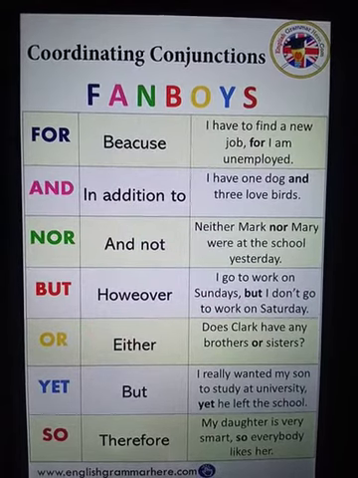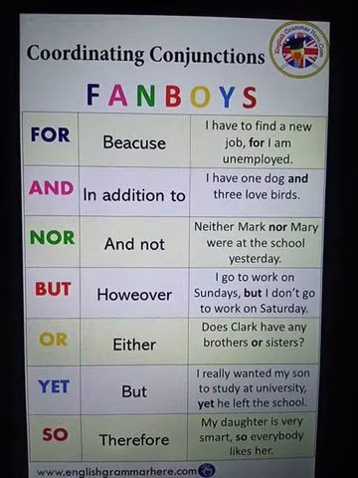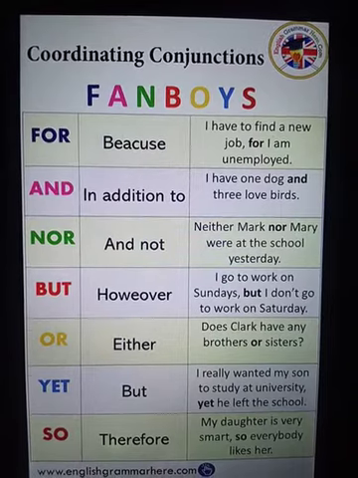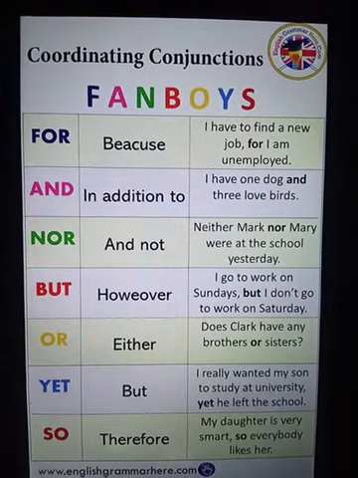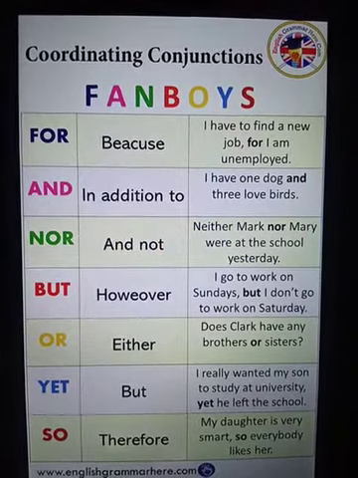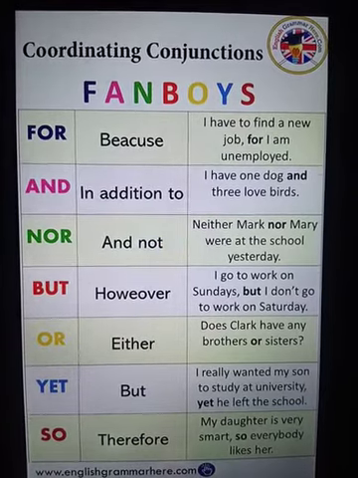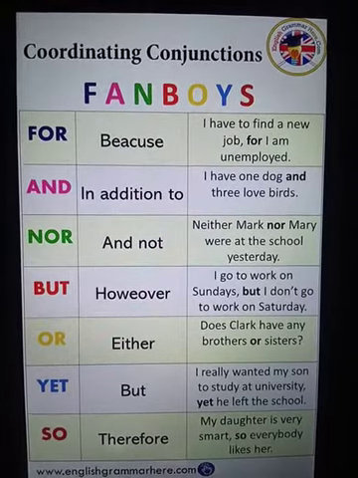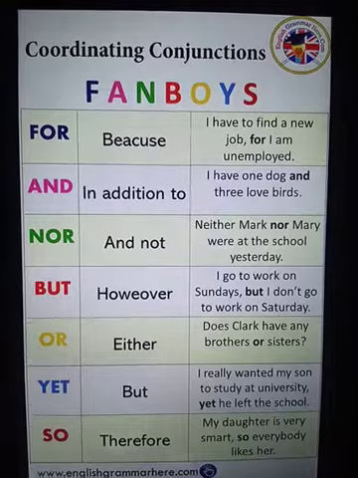So how can we join them? Ram and Lakshman are good boys. So when we want to join two statements, two words or two things, we can use and. This is so simple.